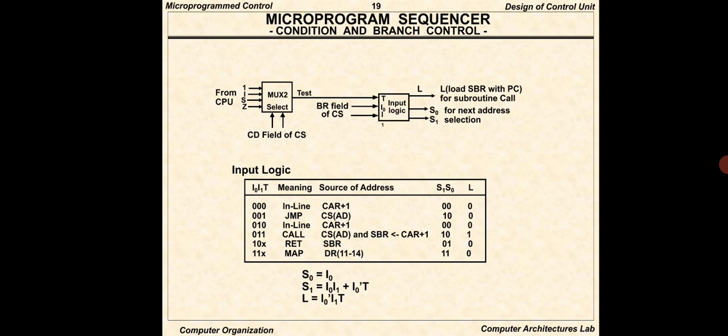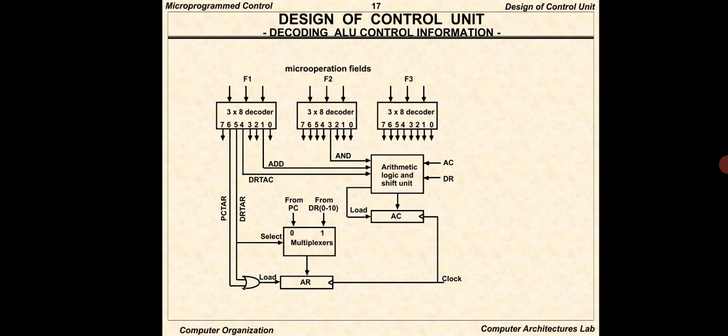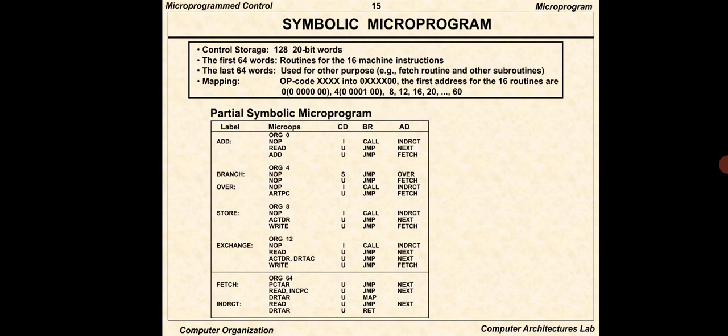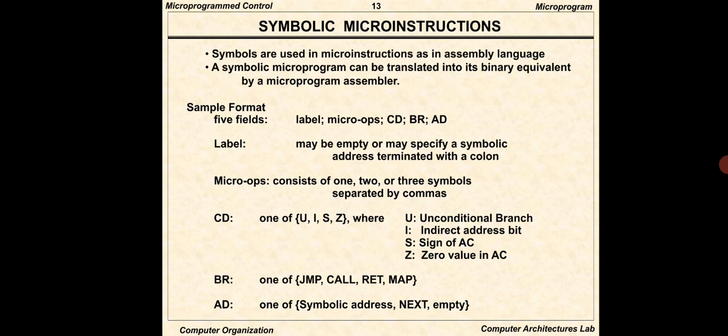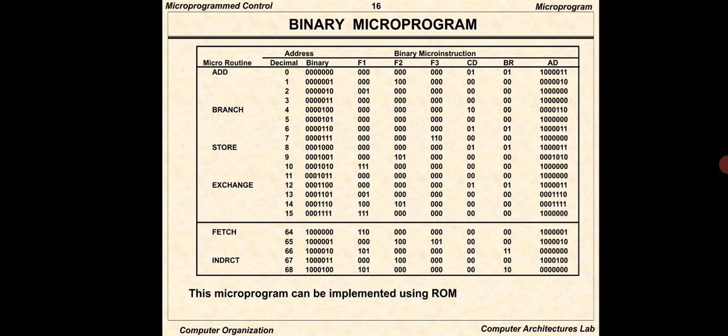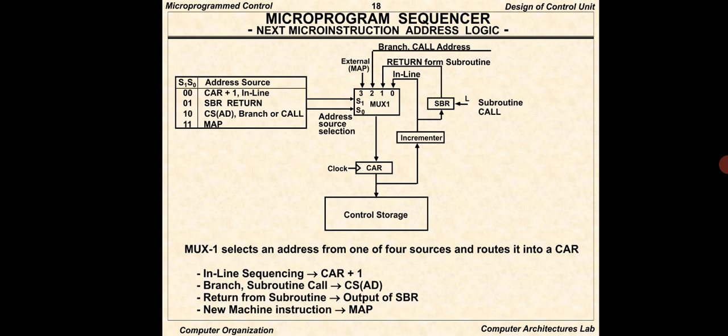So remember this one, these four operations which will be generated over here. Now if you see here, what is mux1? It's nothing but your inline sequencer, return from subroutine, branch and call address, and external map.